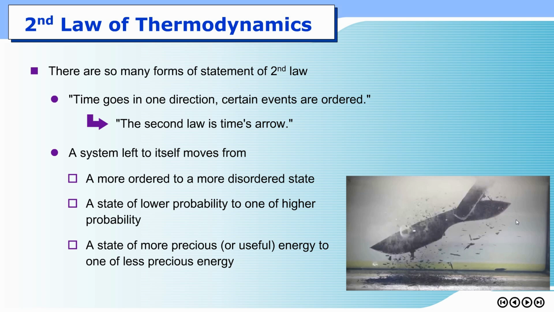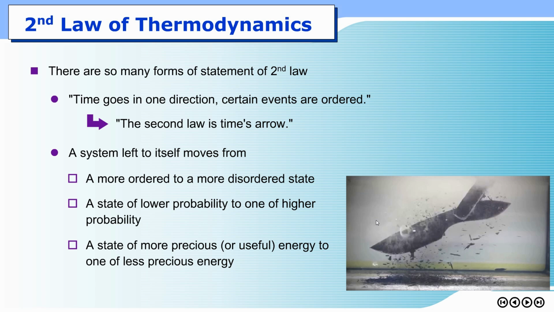So it was stated that if you have a precious level or precious state of energy and you leave that state for a while by itself, it will turn into a less precious state. Just like in global warming, we have a rise in temperature of the environment.